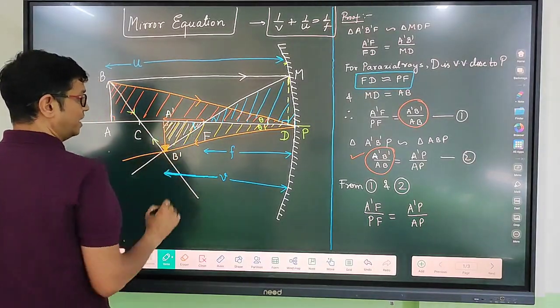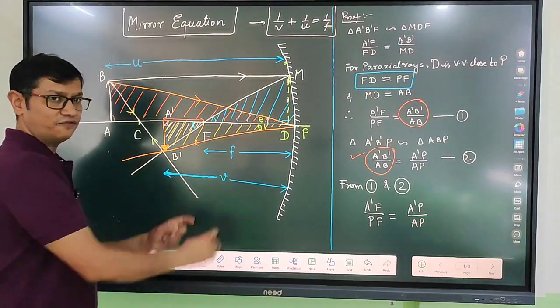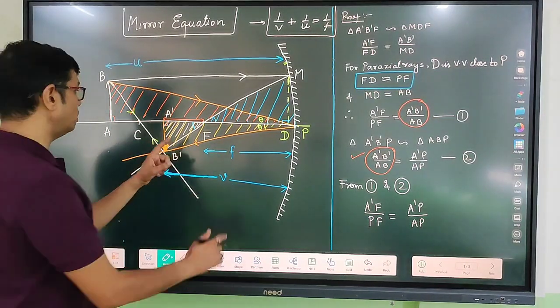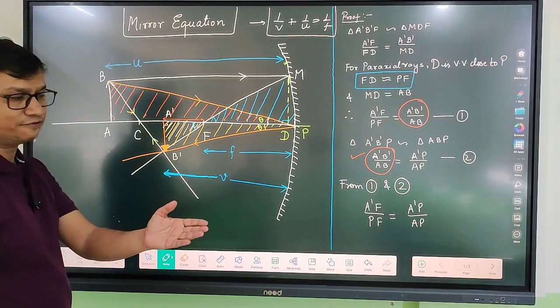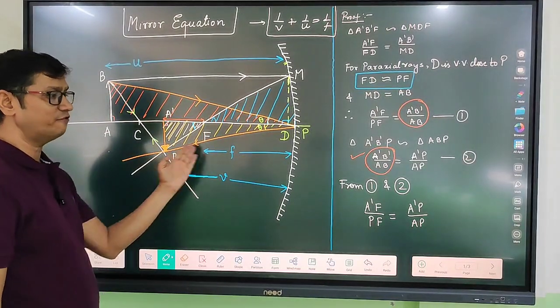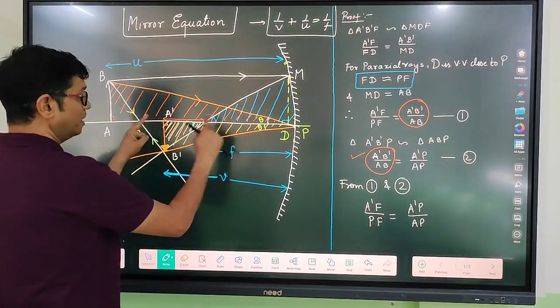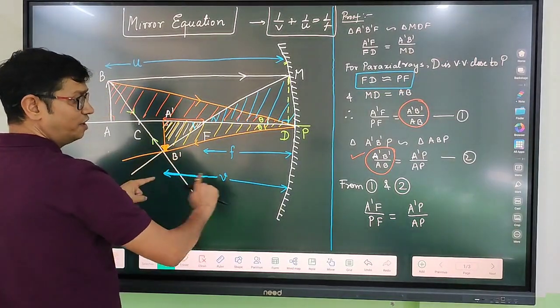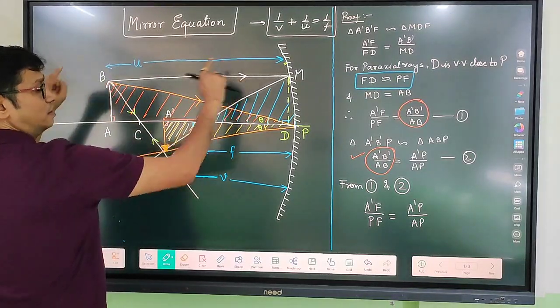Can I write this as V minus F? Similarly, PF is what? P to F is nothing but your focal length, small f. What is A dash P? This A dash P is the image distance itself, V. And what is AP? A to P is nothing but U.